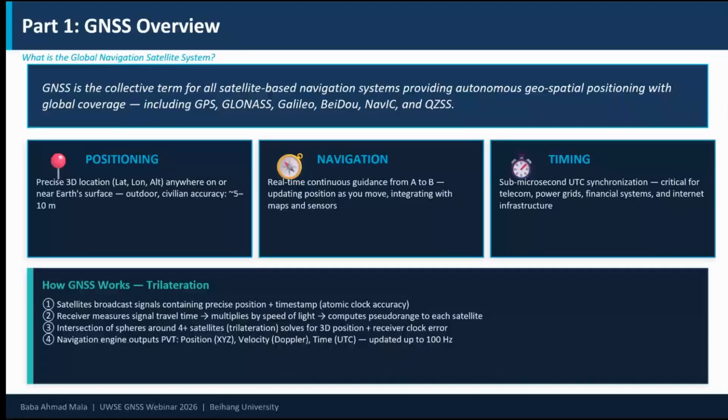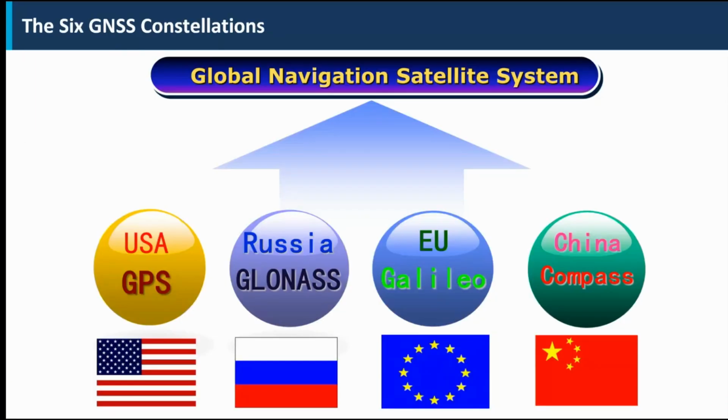The navigation engine outputs include the position, the velocity, that is the Doppler, and then time in UTC updated at 100 Hz. These are the constellations: GPS, GLONASS, Galileo, and Beidou of China.